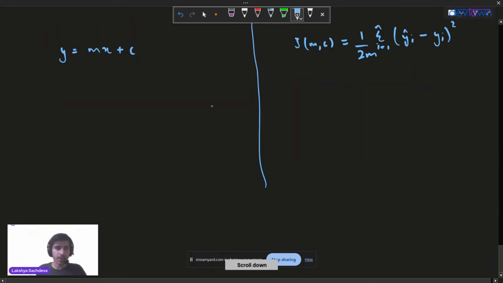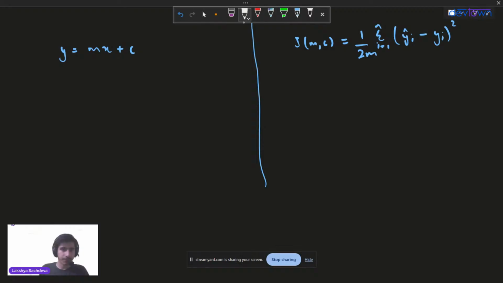Now what will I do? I will take a graph. In the x-axis I have x, and this is the y-axis. Now I'm going to choose 3 points: 1,1, 2,2, 3,3.